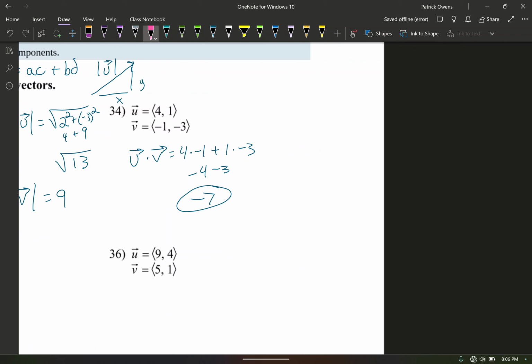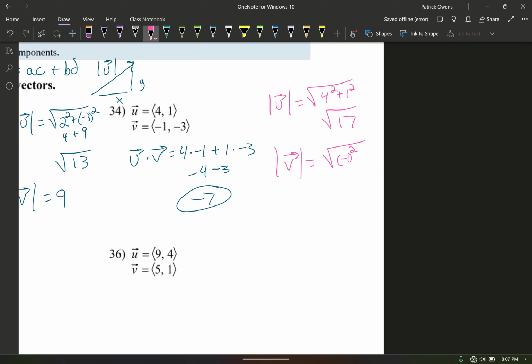So for number 34, we've already found our dot product. Let's find our magnitudes. So our magnitude of u is going to be the square root of 4 squared plus 1 squared. So it's going to be the square root of 17. Then our magnitude of v is going to be the square root of negative 1 squared plus negative 3 squared. And watch when you're putting this in the calculator because it's negative 1 squared.